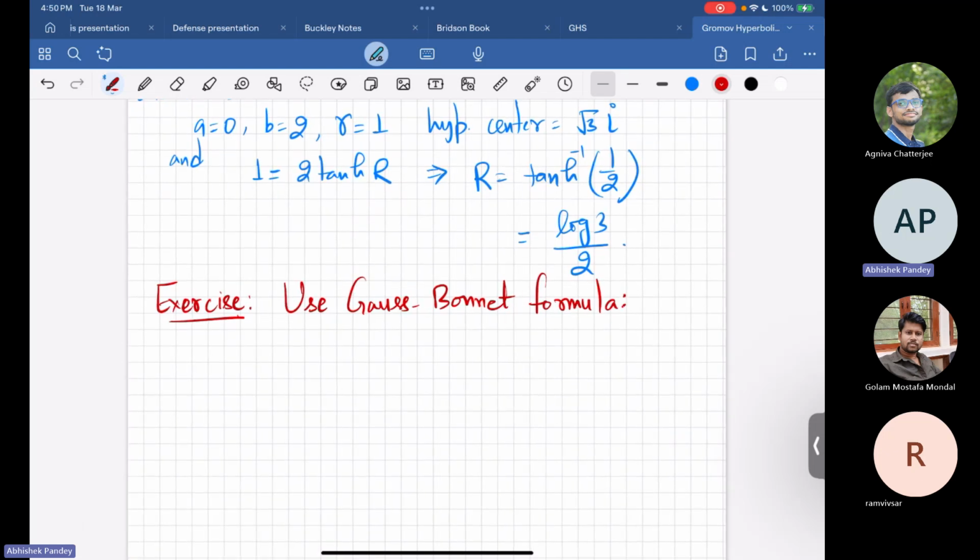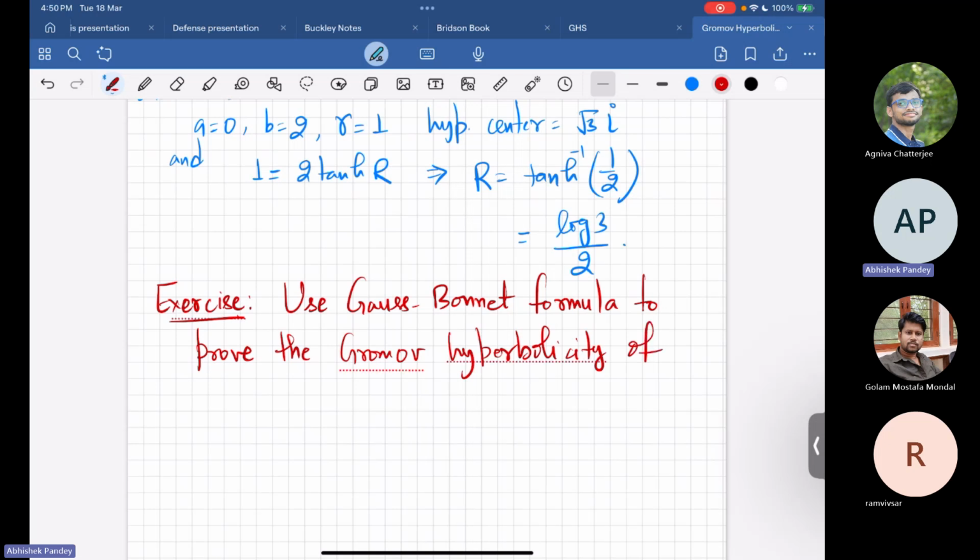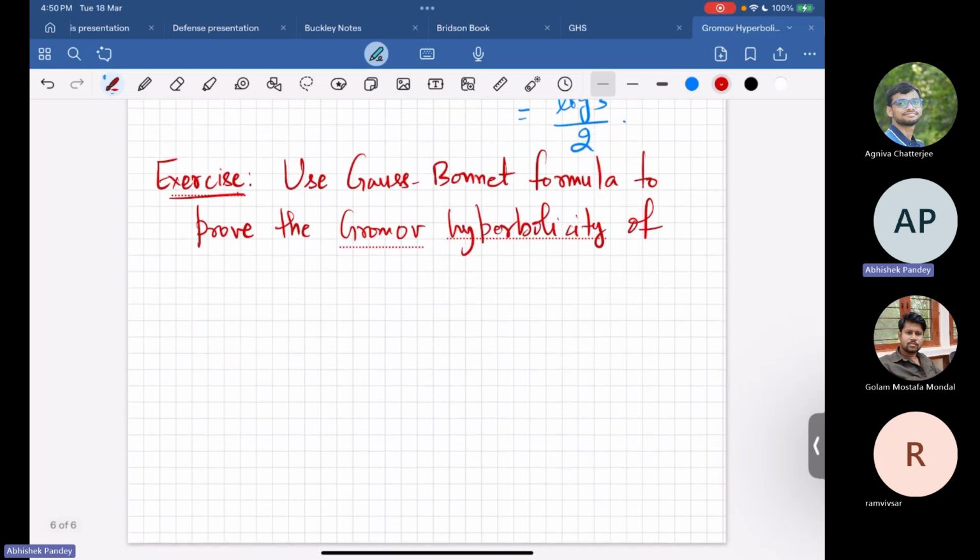So use the Gauss-Bonnet formula to prove the Gromov hyperbolicity of hyperbolic space.